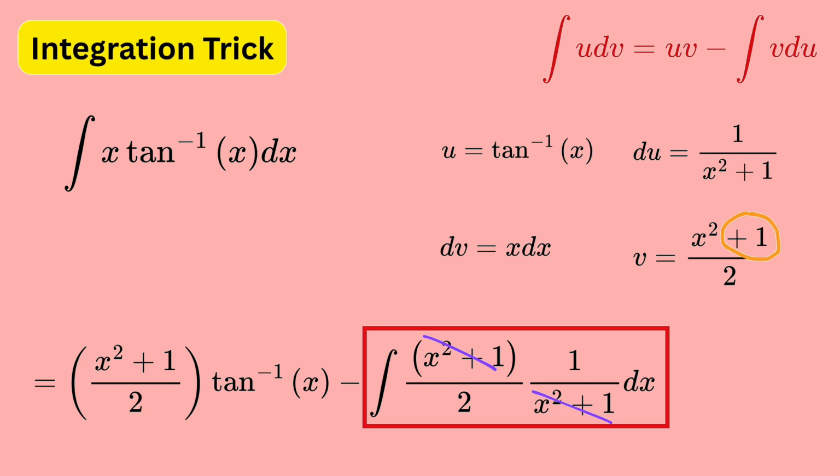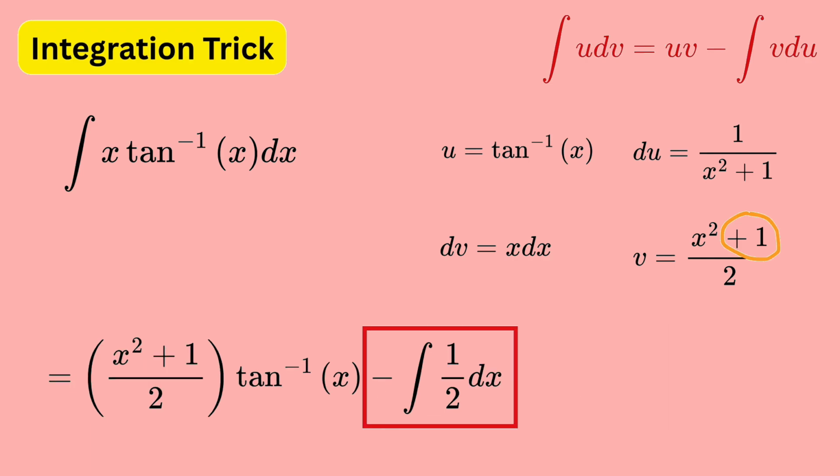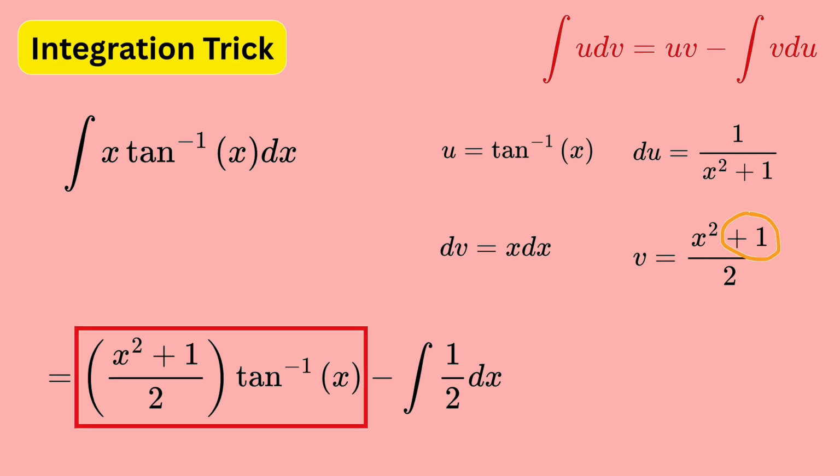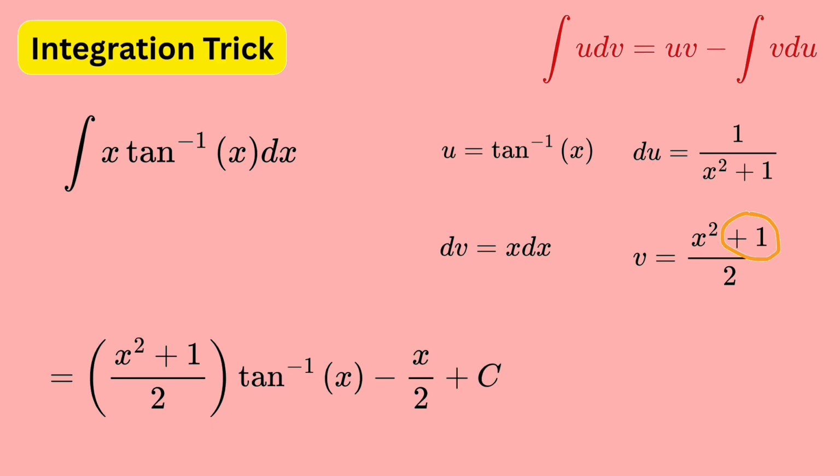So the horrible-looking integral suddenly reduces to the integral of 1 divided by 2. That means the answer immediately becomes x squared plus 1, whole divided by 2, multiplied by tan inverse of x, minus x divided by 2 plus constant. Compare this with the longer traditional solution. Once you see this pattern, many difficult integration problems start looking much simpler.